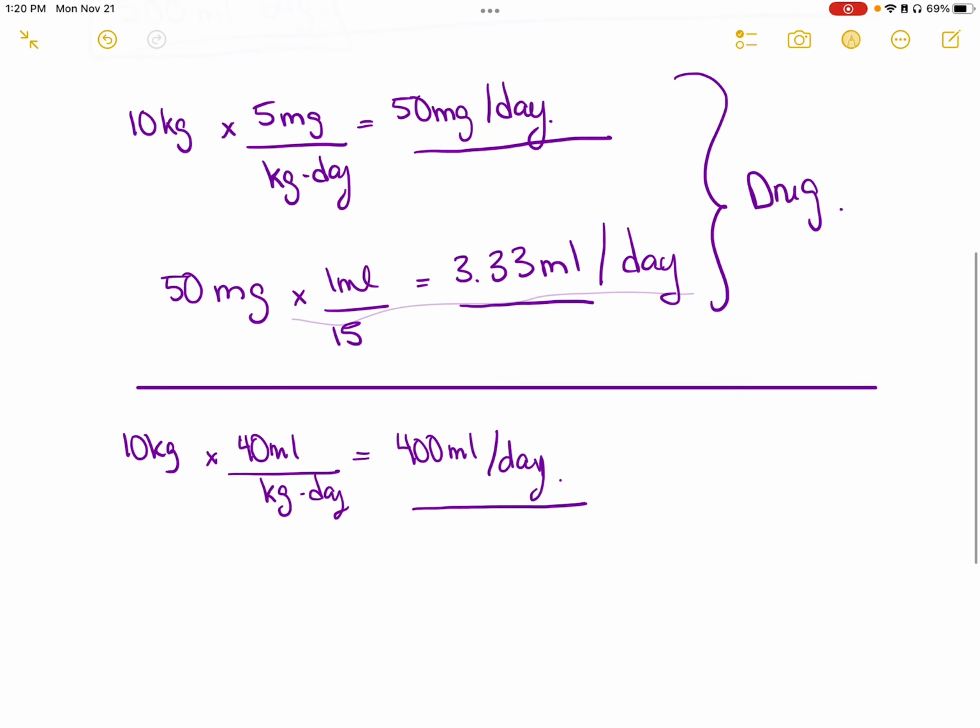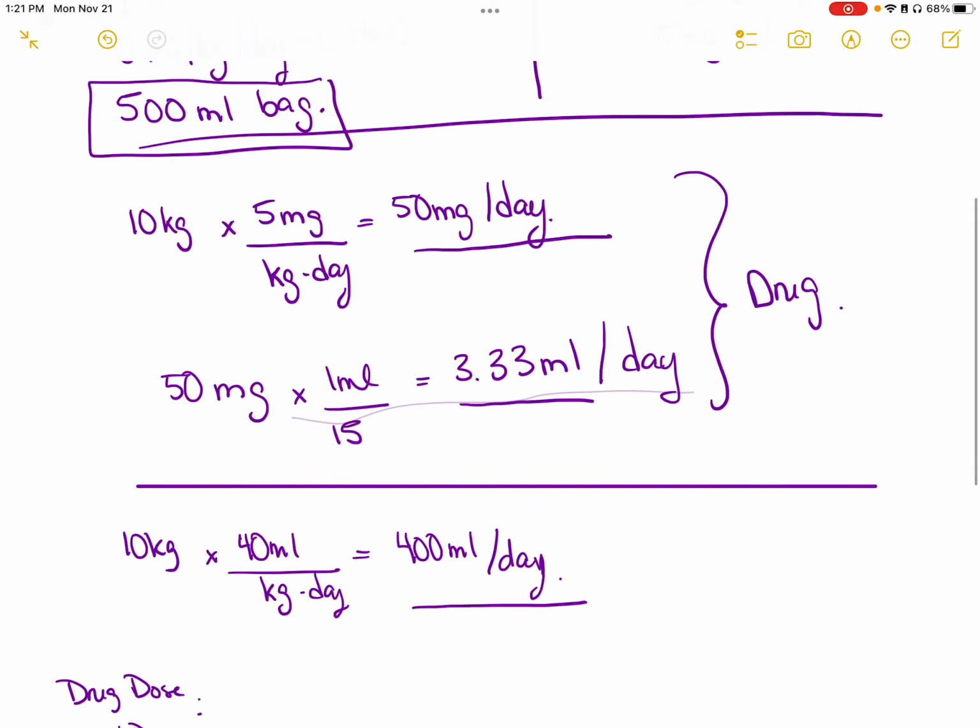So the other part that we have here is we were going to put this into a 500 mL bag. All right, so let's do our drug dose over our fluid dose. And then we can use ratio and proportion just to show the correlation to make it into this 500 mL bag.